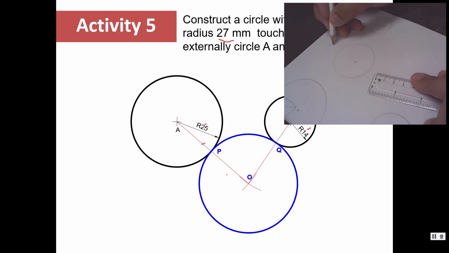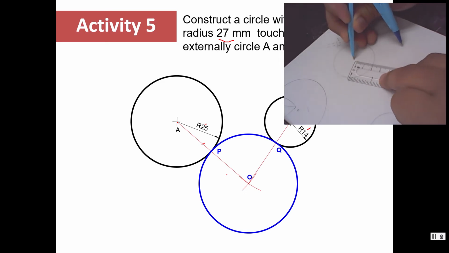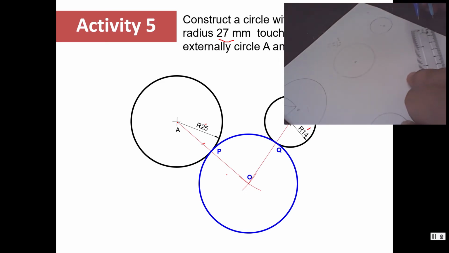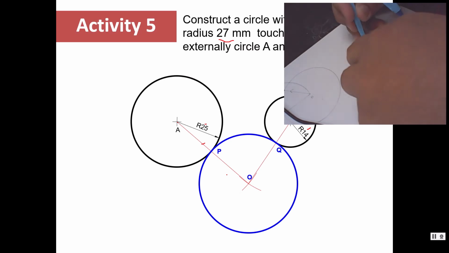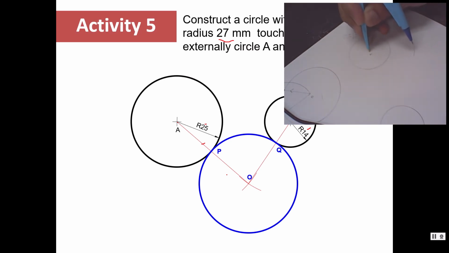So 25 plus 27 mm is equal to 52 mm. So the distance from point A, we need to make sure that it's 52 mm to the center point of the circle that we want. So this is one line that has the distance of 52 from point A.